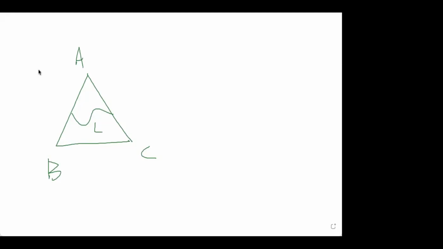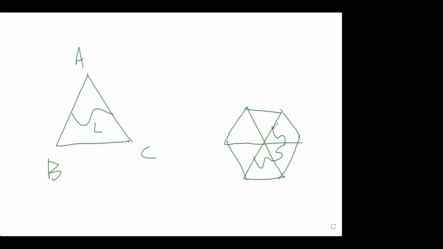If you reflect ABC 6 times, you could get something very beautiful. You will get something that looks like this, and the curve will form a closed shape.